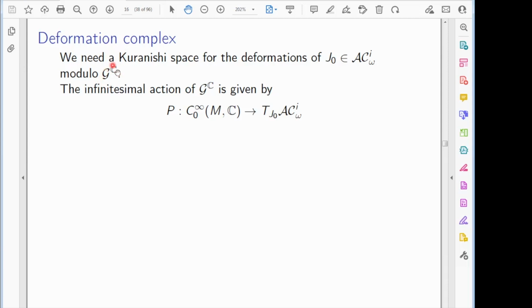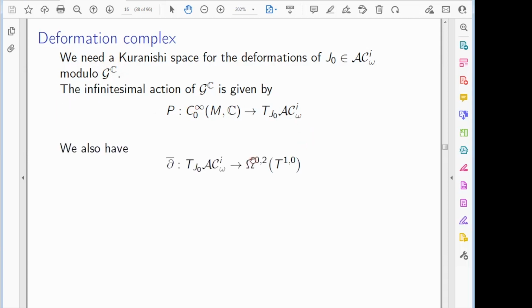But here we want to consider those complex structures which are compatible with the symplectic structure. So we restrict to the complex structures in this space, and they'll be modulo not the full diffeomorphism group, but say the complexified Hamiltonian group, which, because again we could describe what these orbits are, but this isn't an actual group.